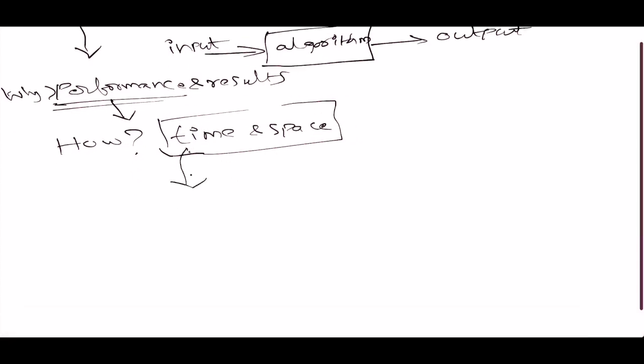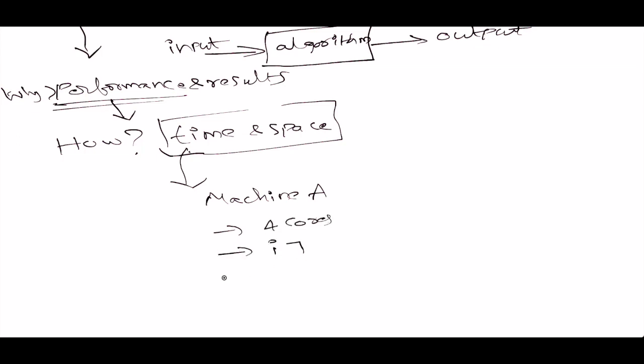When we say time, the time taken to execute the algorithm depends on many factors. Let's say we run our algorithm on machine A, which has 4 cores, an i7 processor, and 16 gigs of RAM.